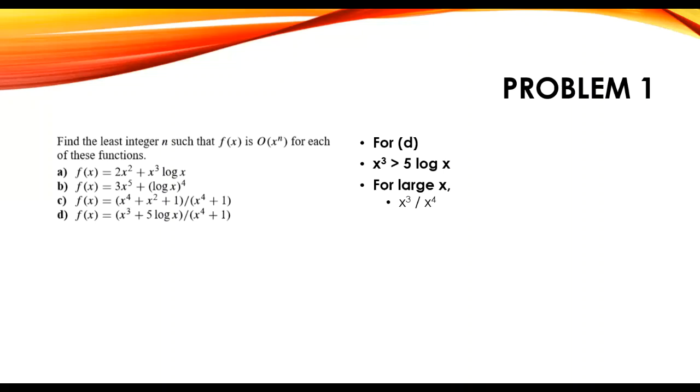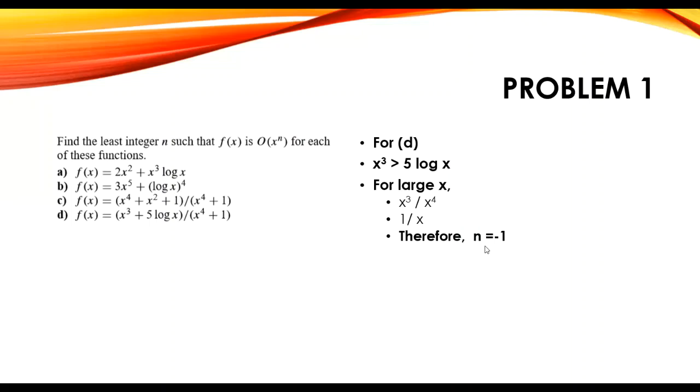Therefore the result is 1 over x, so our x raised to n has n equal to -1. Again, how did I get x cubed? Because near infinity, 5 log x is negligible, and near infinity, 1 is negligible. So we only have x cubed divided by x to the fourth, and by dividing, we found out that n is equal to -1.